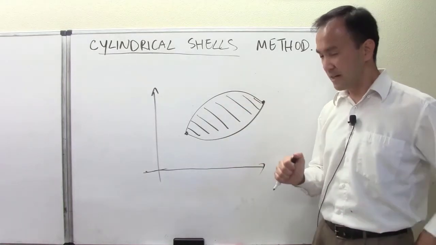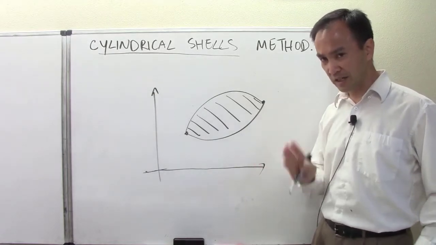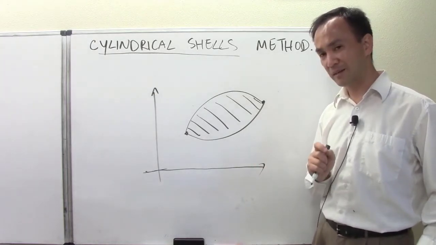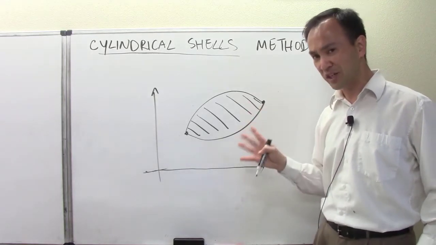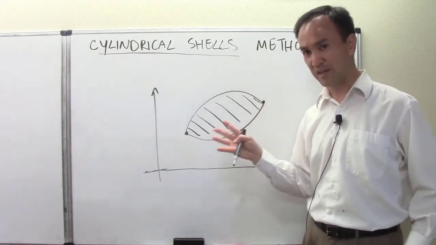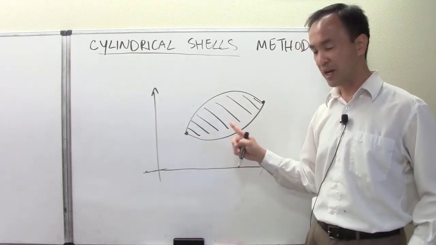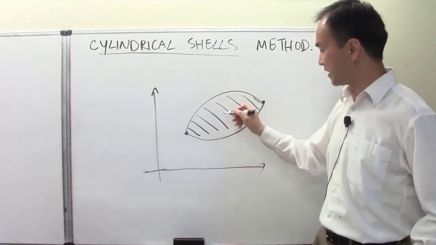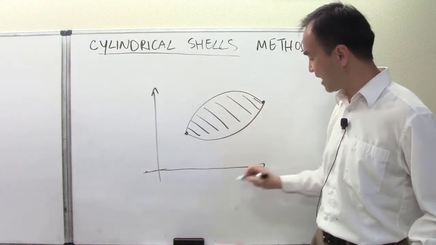Earlier in this video lesson I kept talking about this problem as something we are still doing. That means we have learned other methods prior to this video lesson to handle the volume of this kind of solid. Let's say we take this area and rotate it around the x-axis.